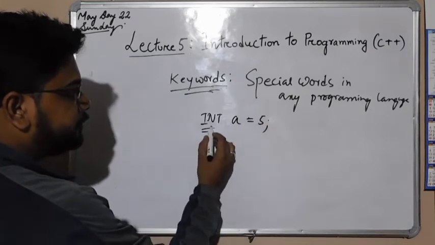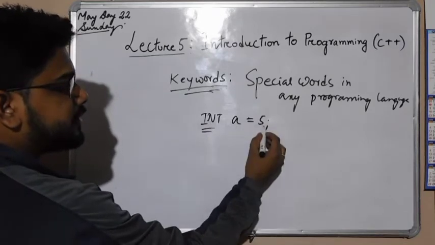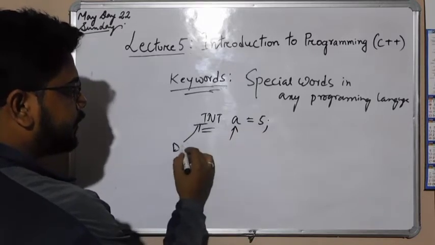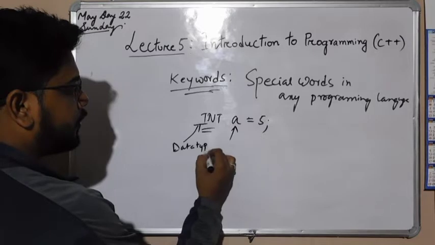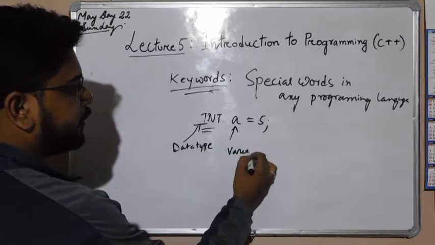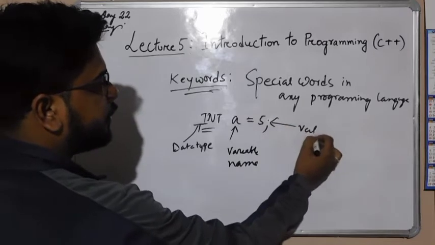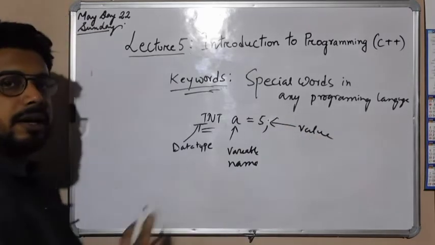This is the data type, this is the variable name, and this is the value, right? So till now it is okay.